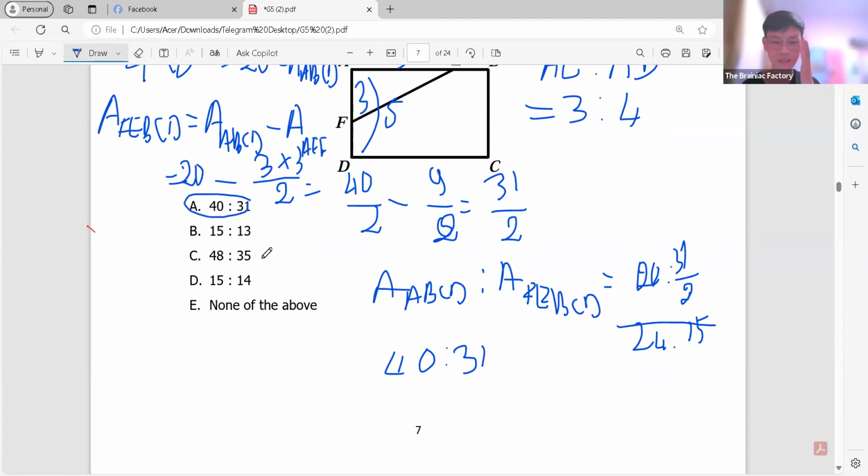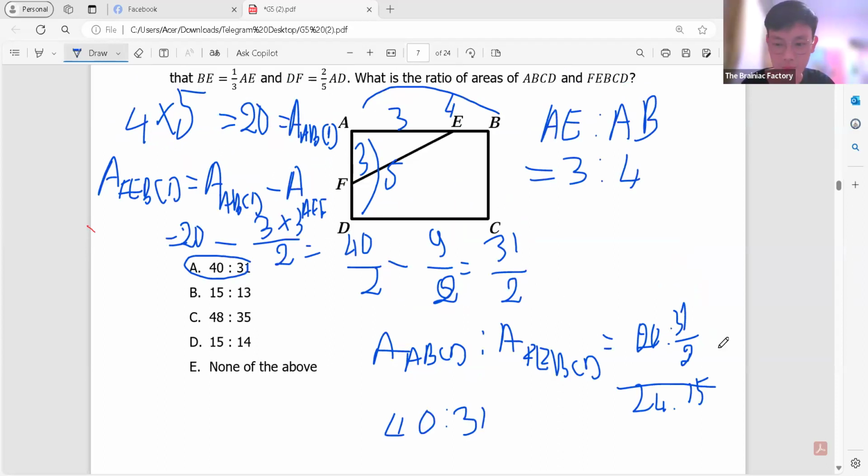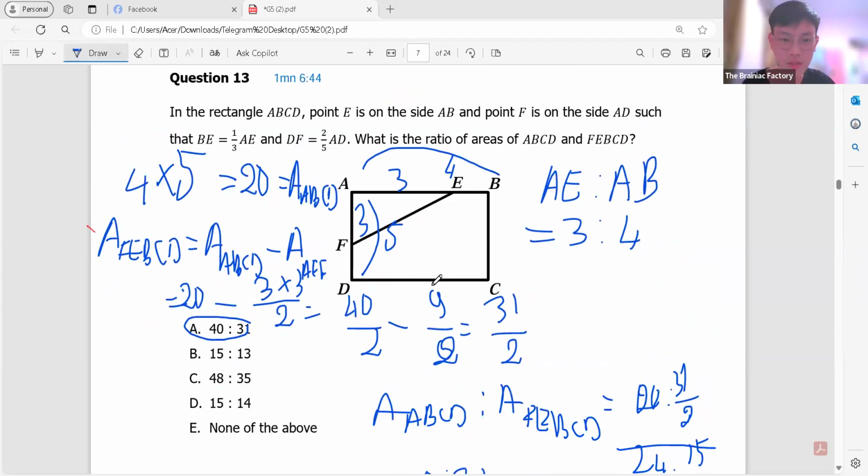I hope this will help you, but it's a bit hard to understand. Okay, someone did ask me to explain clearer, and I admit that it is a bit hard to understand. So we're finding the ratio of the areas ABCD and FEBCD, and we have the value of BE in terms of AE and the F in terms of AD.